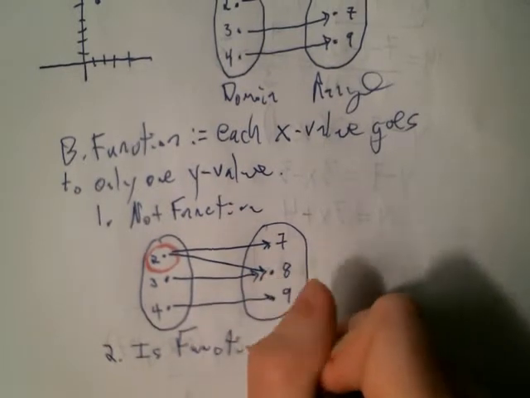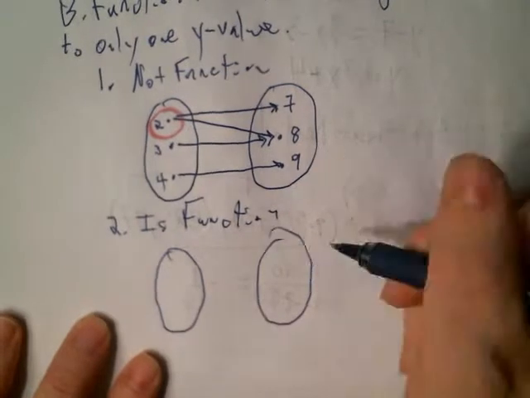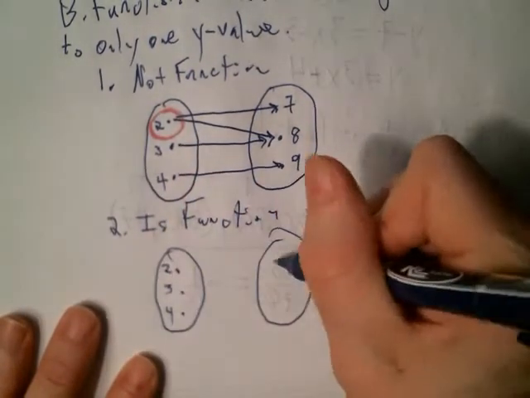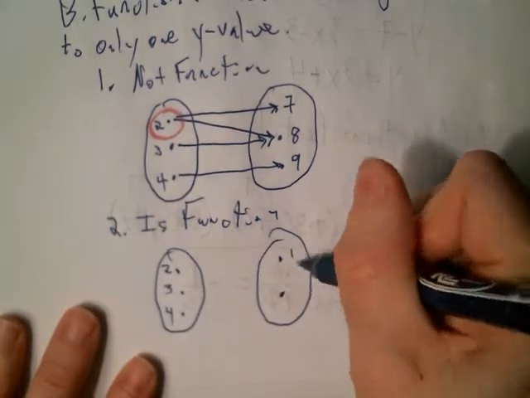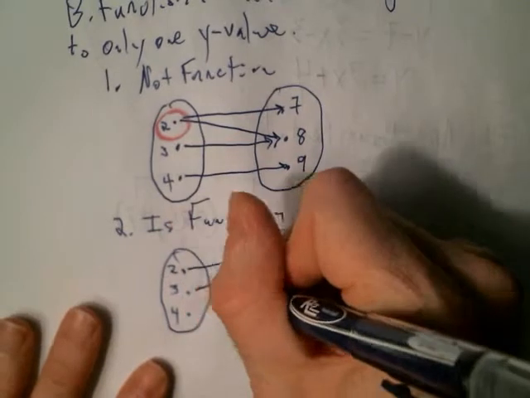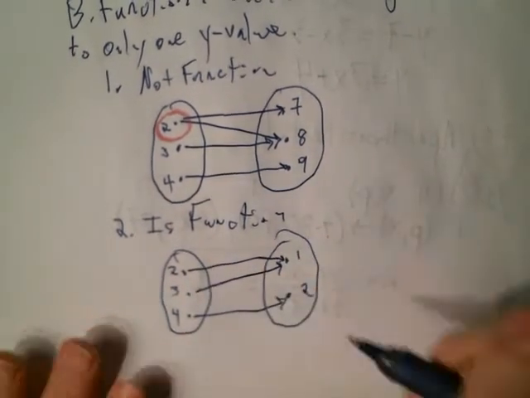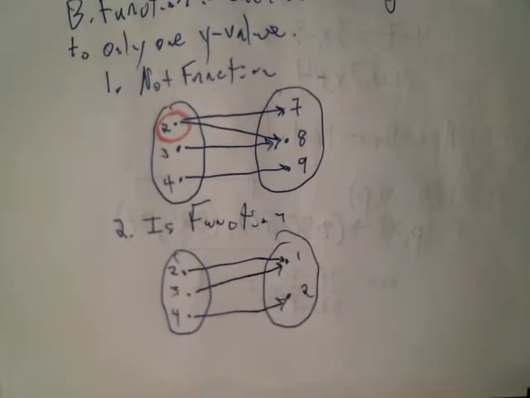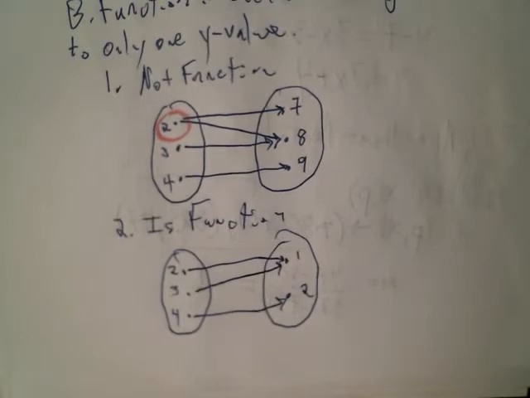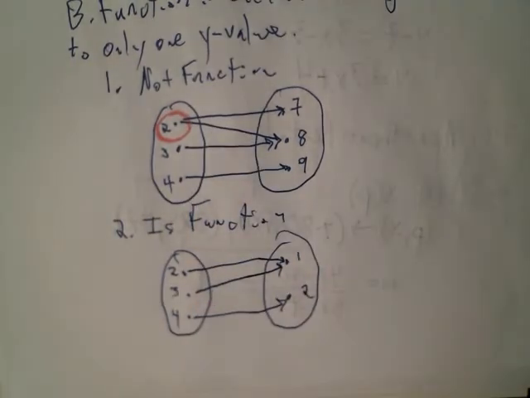I'll make sure you can see this one. 2, 3, 4 again. This thing is a function, even though it looks like it's not because you have 2 and 3 going to the same place. It's not saying you can only have one corresponding x value for each y value. It's not saying that at all. It's just saying that you can't have two arrows coming out of the x.